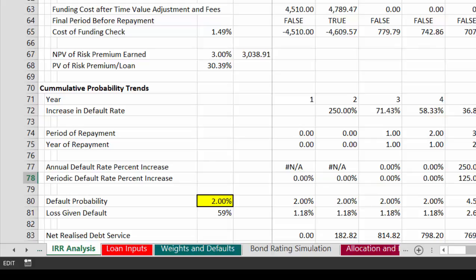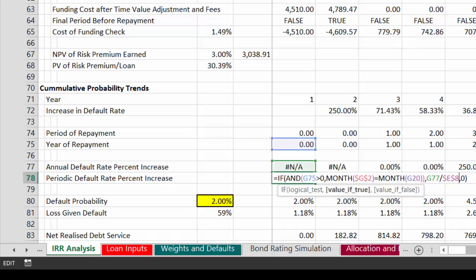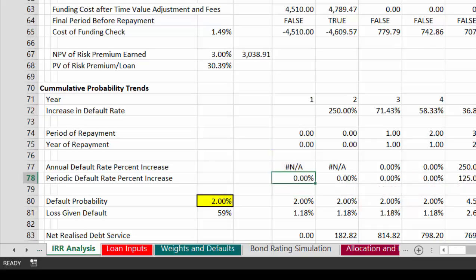So this shouldn't have worked. Month of L. Where did L2 come from? Okay.